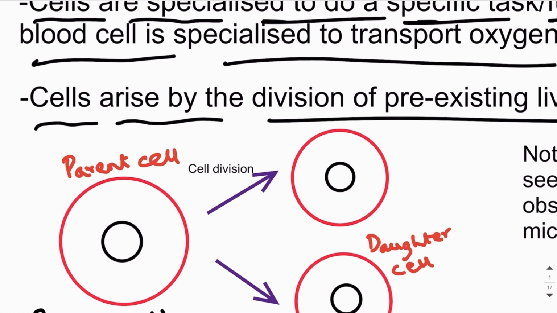This is how new cells are made from old cells. Always remember this point, that whenever a cell divides, the parent cell vanishes and the new cells are the two daughter cells. It's just like if you have a cake and you cut it into two pieces, the original cake will not be left anymore. You will just have the two pieces.